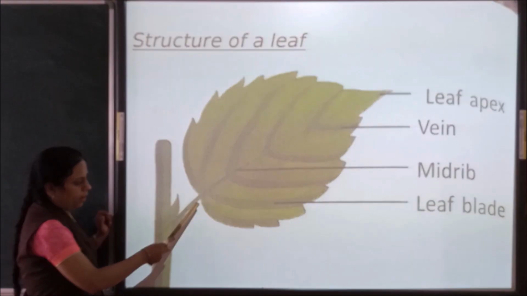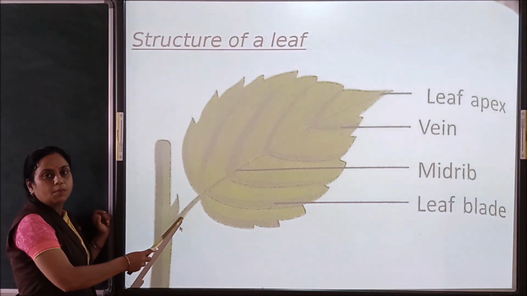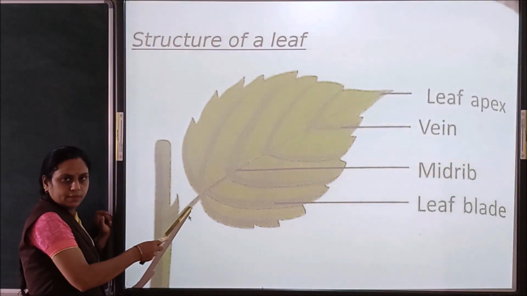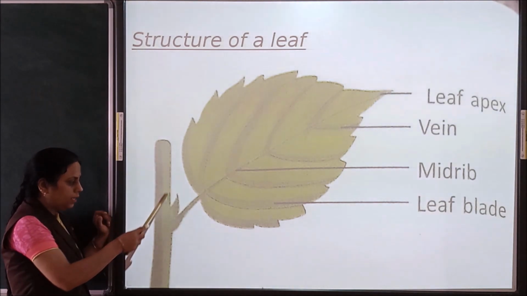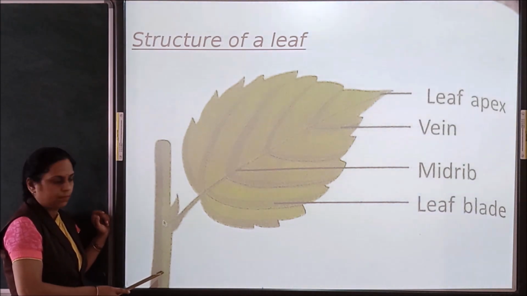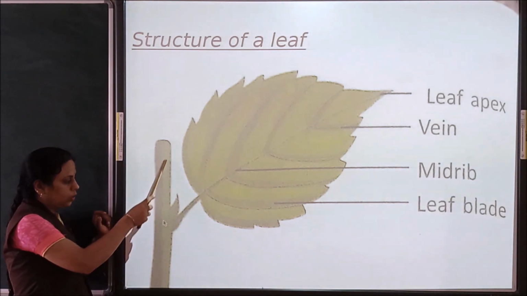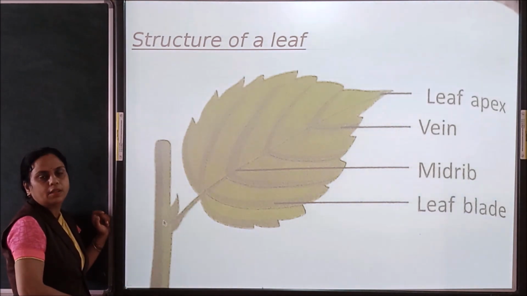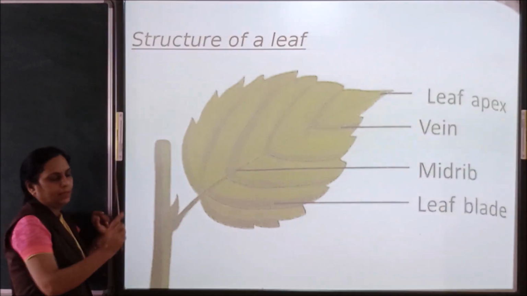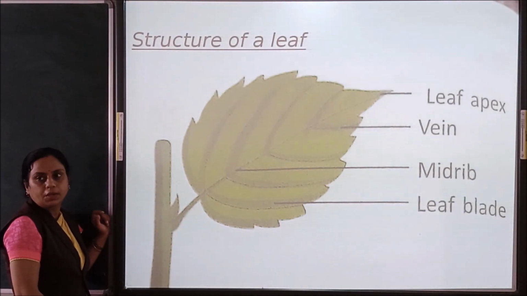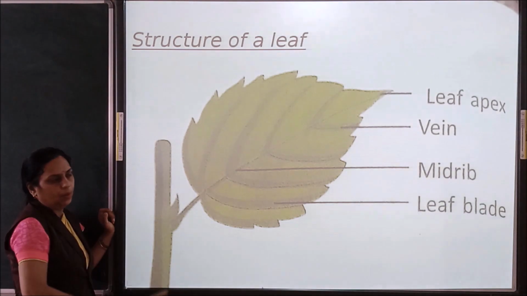Now can you see this part children? The small stem of the leaf that is attached to the main stem of the plant is called the petiole. What is it called? Petiole.